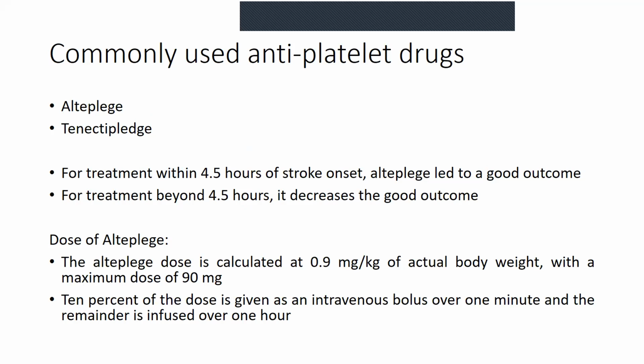Alteplase can be given at 0.9 mg per kg of actual body weight with a maximum dose of 90 mg. 10% of this dose is given as an intravenous bolus over 1 minute, and the remaining is infusion over 1 hour.